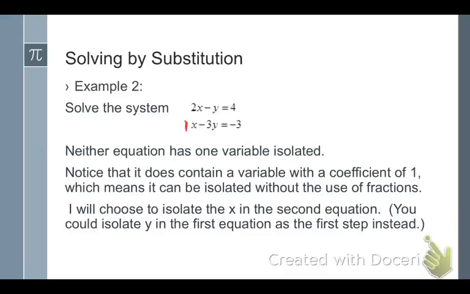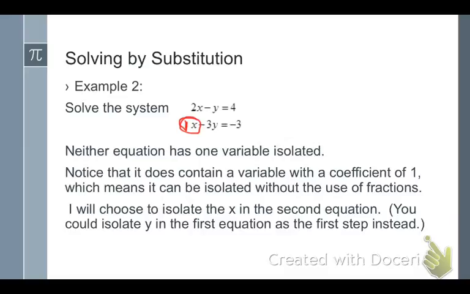If I have a variable with a coefficient of 1, I solve for that variable, and I won't end up dealing with fractions in my algebra as I try to find the values of my solution. So it's easy enough to isolate this x here, just by moving the minus 3y over to the other side by adding it to both sides.